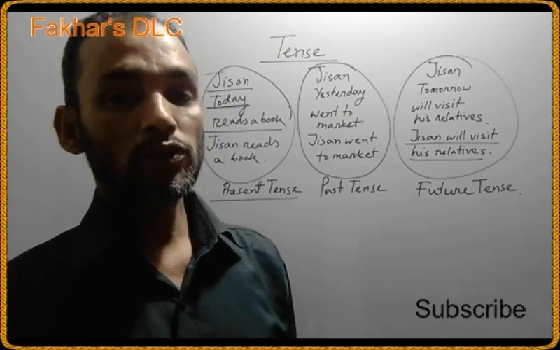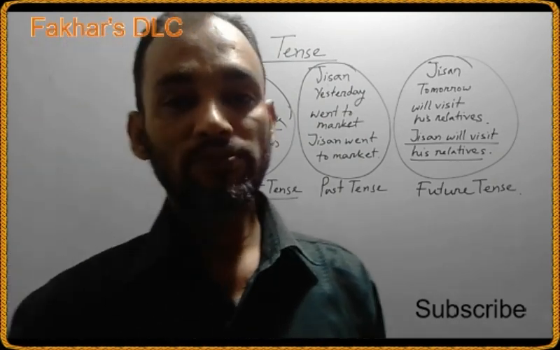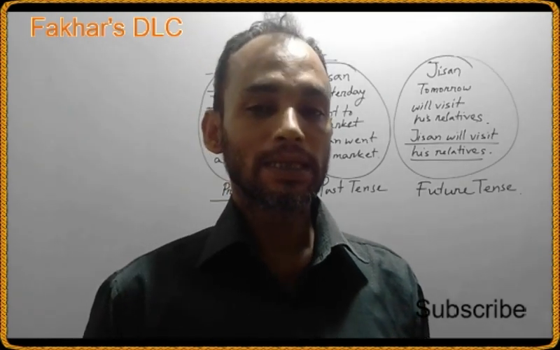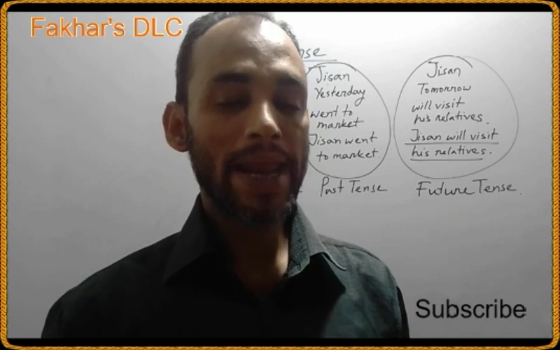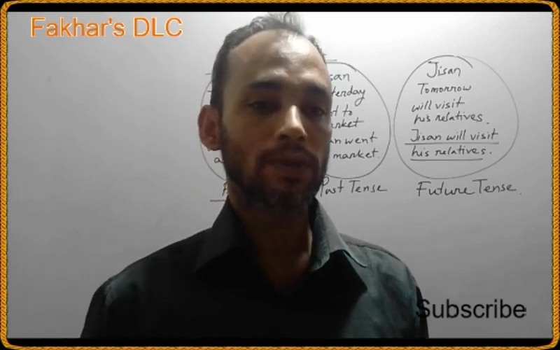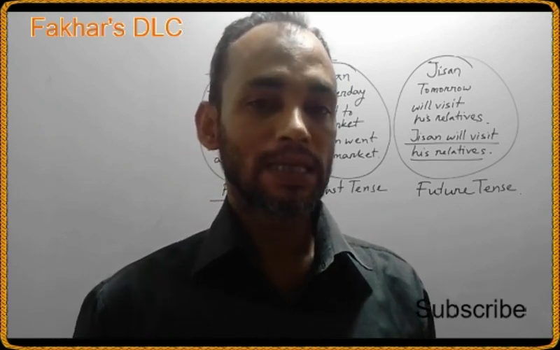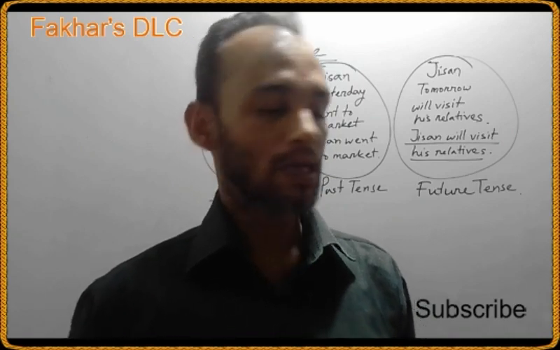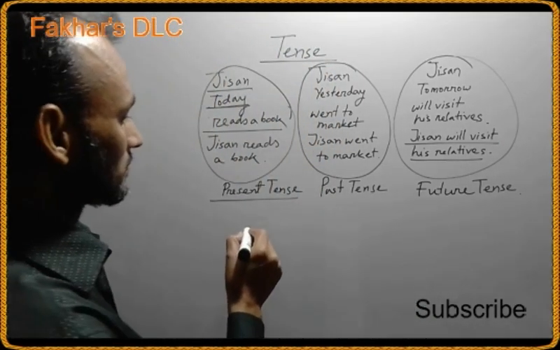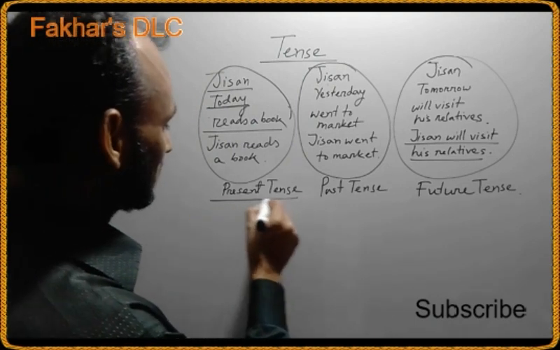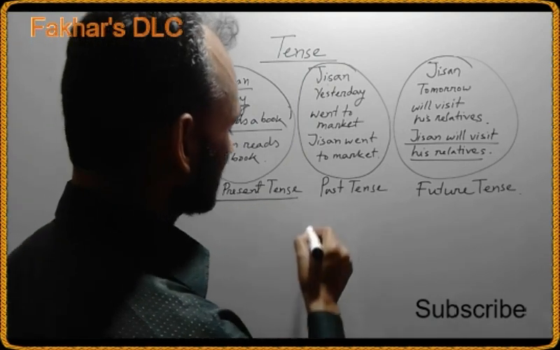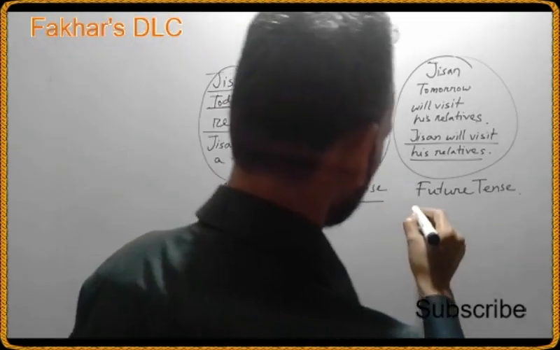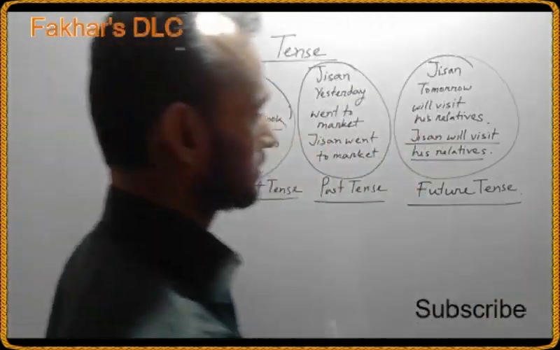So according to the time period of any activity, tense is mainly divided into three divisions. One is present tense, second is past tense, third is future tense.